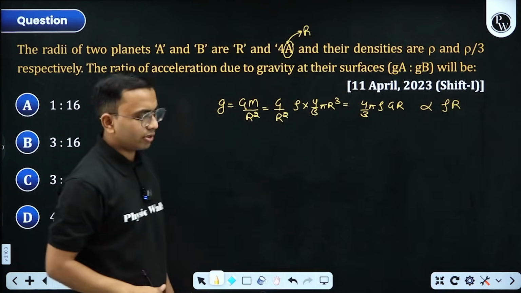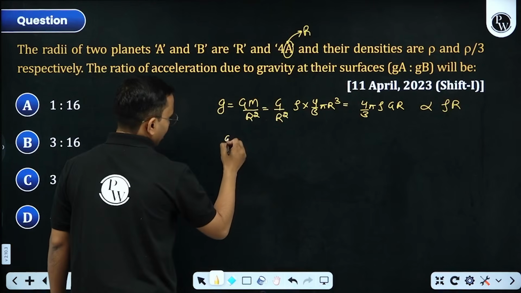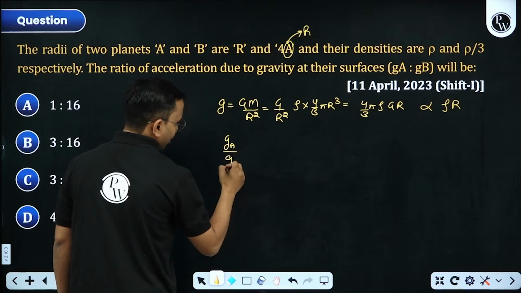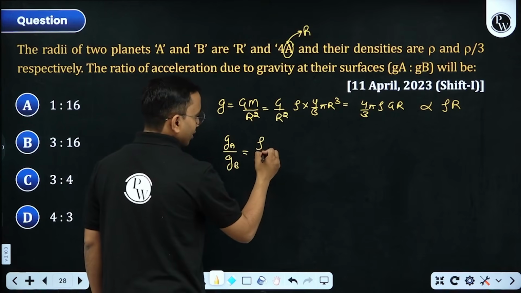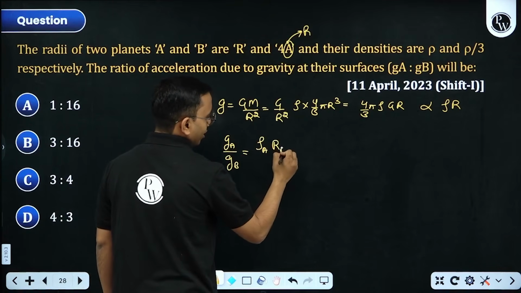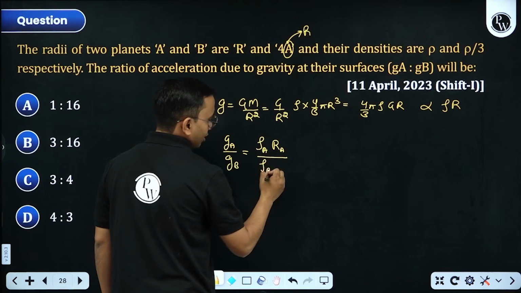Everything else is constant. So when I say GA by GB, that will be rho A into RA divided by rho B into RB.